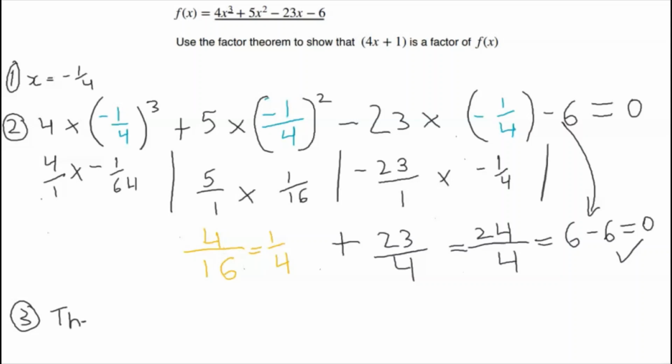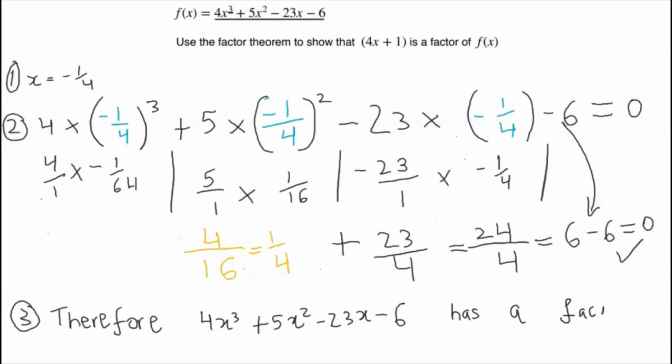And then step 3 would be to say, therefore, 4x cubed plus 5x squared minus 23x minus 6 has factor 4x plus 1.